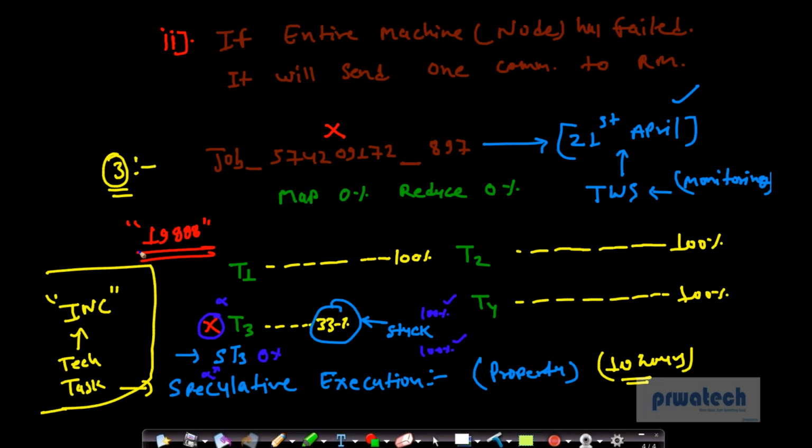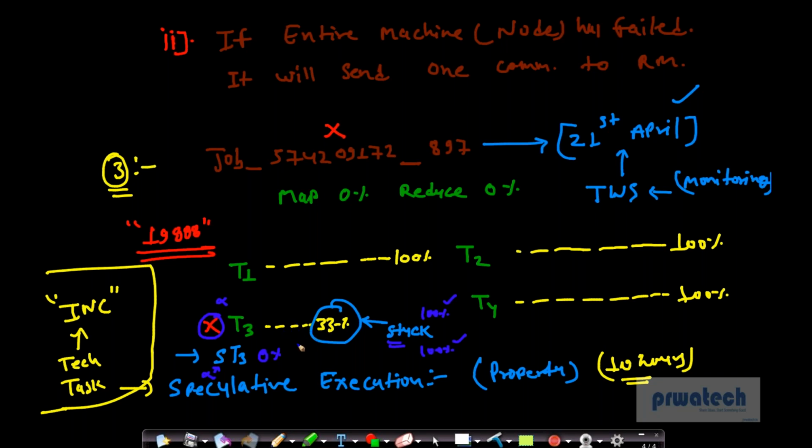And guys, why does your job get stuck? There are mainly two reasons. Out of 100%, if you check at 99%, there are just two reasons that your job is getting stuck. One is that CPU is not available to process this data. If CPU is not available, I can't do anything. My processing unit is not available.